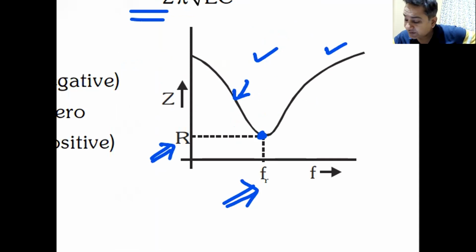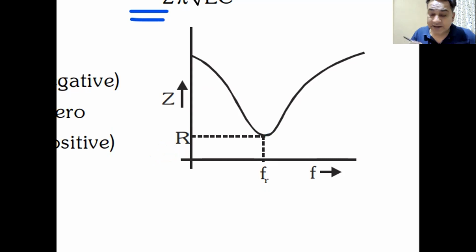Z first decreases. Let me rub everything off so that I can show you. Now look at this point. The first point is the red point.